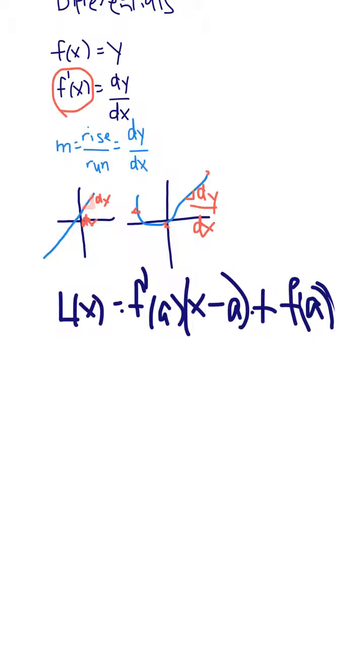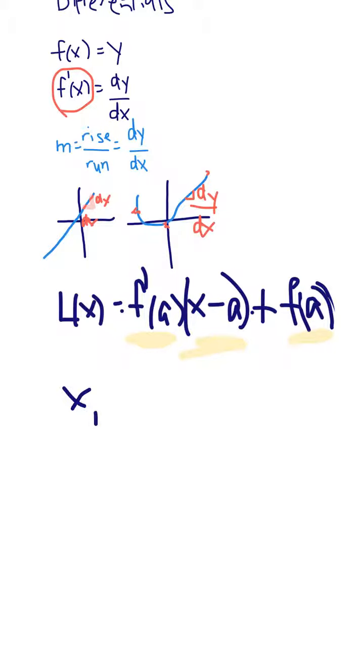So we have the slope at a given input value multiplied by the difference between x and that given x value, how far away. If this is small, you're going to get a good approximation, plus the output at a.